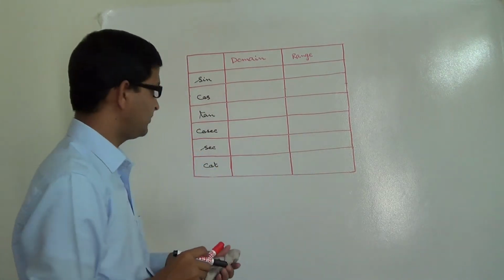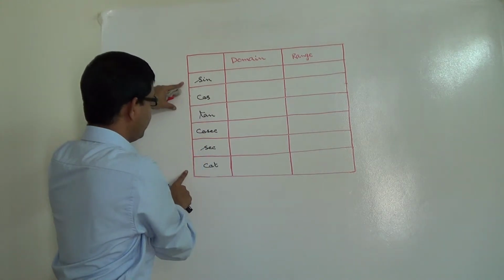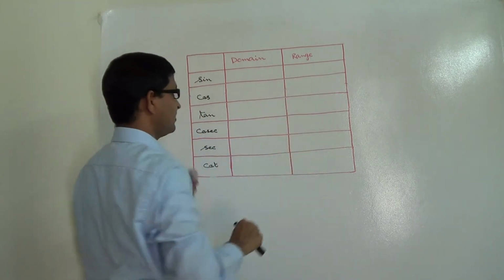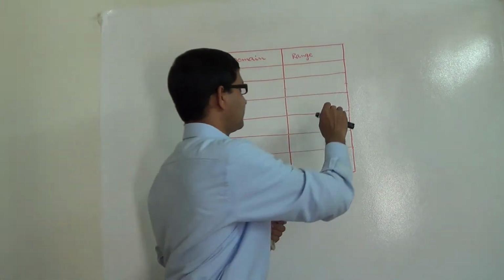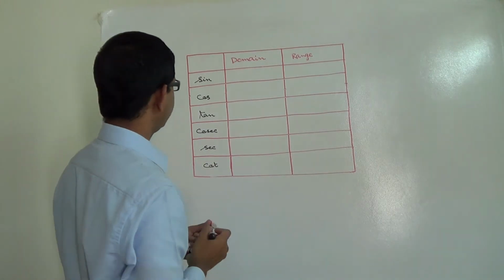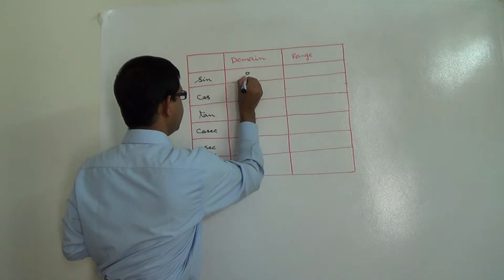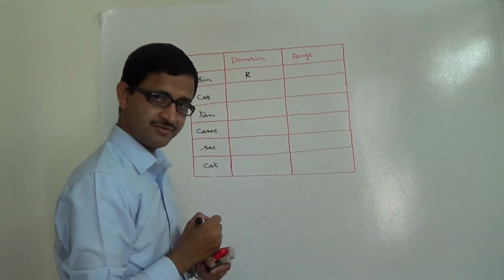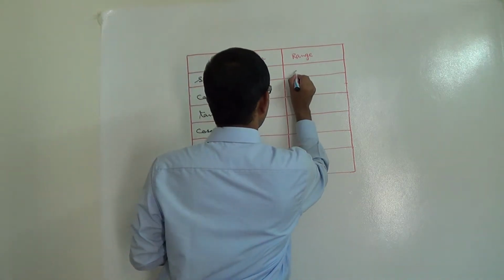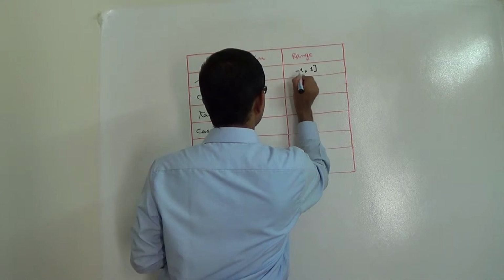Okay, so here are the six trigonometric functions, and here are the domain and range. In these cells, we are going to write the domain and range of these functions. The domain of the function sine is the set of real numbers, right? And what is the range? Range is -1 to +1, closed interval.